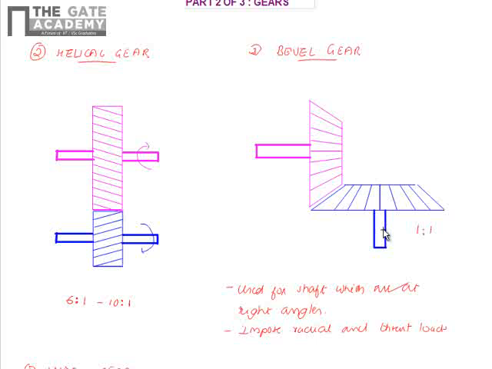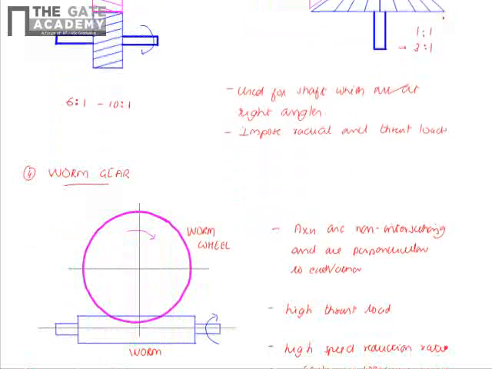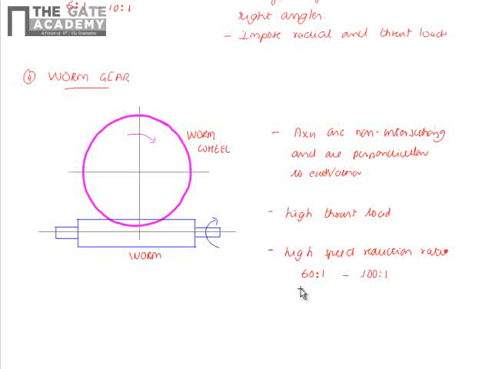The normal velocity ratio for a pair of bevel gears is 1:1, which can be increased up to 3:1. And for high speed reduction, we have seen that worm gears have to be used, and the velocity reduction ratio obtained in worm gears is of the order of 60:1 to 100:1. So depending upon the application, we can choose the type of gears.